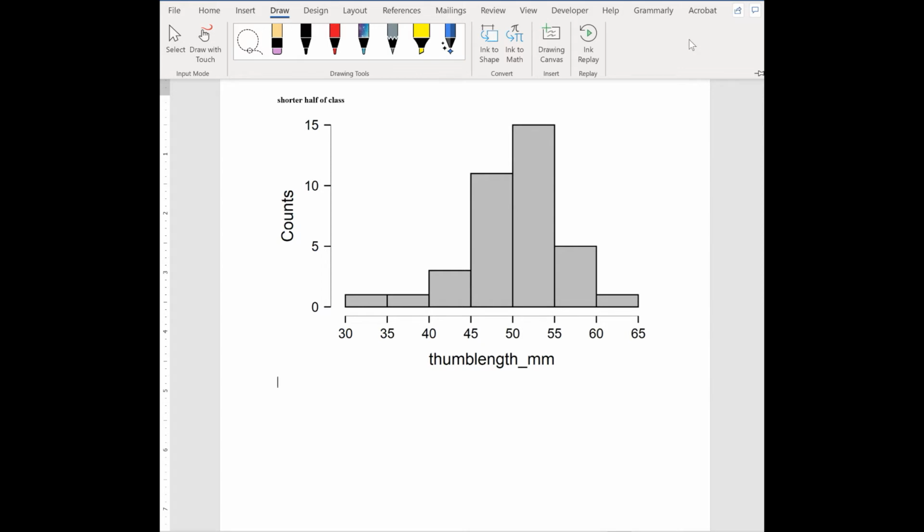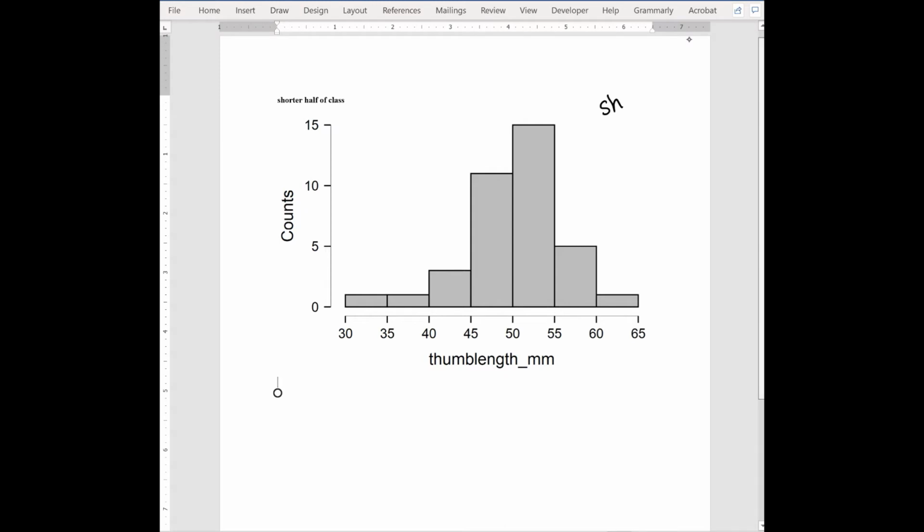So our model is supposed to represent the bigger population based on what we know about this sample. So we want to label three things. We're going to label the shape, the center, and the spread.